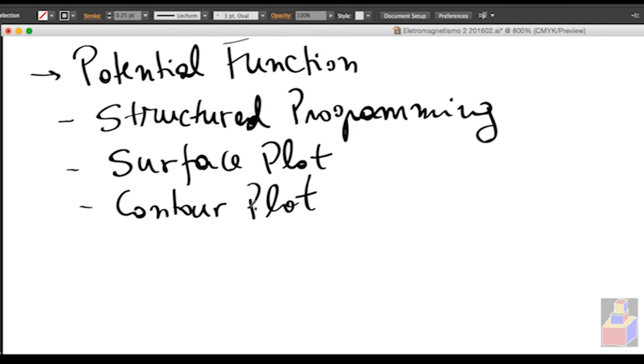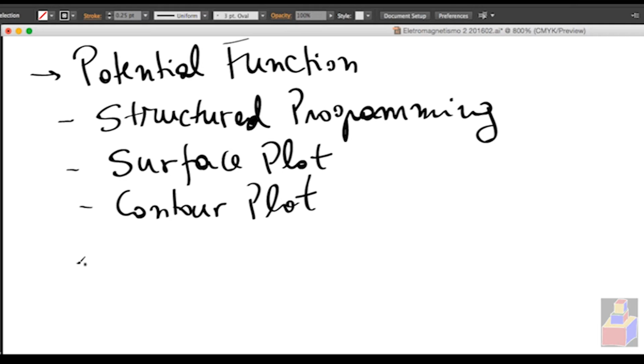The potential function allows you to obtain several pieces of information from a system of charges and conductors. If you get the potential function, you can determine the electric fields, you can determine energy of a set of conductors or charges, you can determine capacitance of a structure and so forth. Okay?